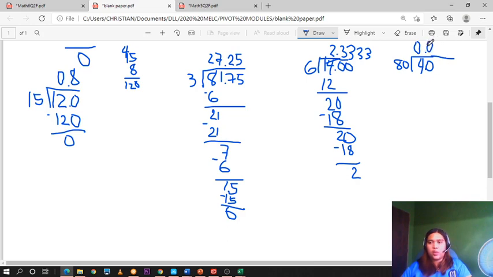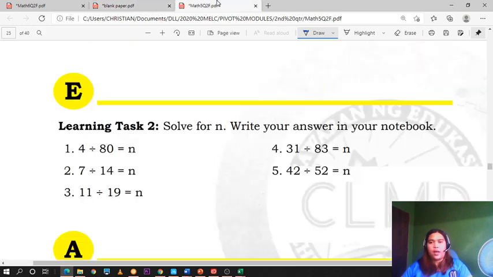Hindi pa rin siya pwede. So, add ulit tayo ng 0. So, ngayon, mas malaki na dividend natin kaysa sa divisor. So, 400 divided by 80 is 5. And 5 times 80 is 400. And 400 minus 400 is 0. So, ang answer natin is 0.05.